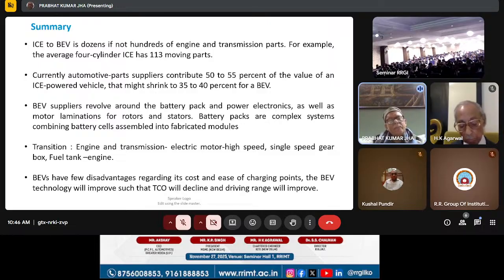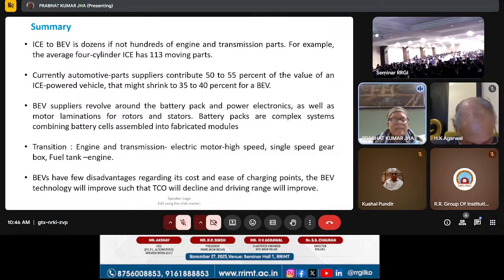So BEV suppliers revolve around the battery pack and power electronics, as well as motor laminations for rotor and stator. Battery packs are complex systems combining battery cells assembled into fabricated modules. So the transition means replacing engine and transmission with electric motor, high speed single speed gearbox, and removing fuel tank, engine, etc.